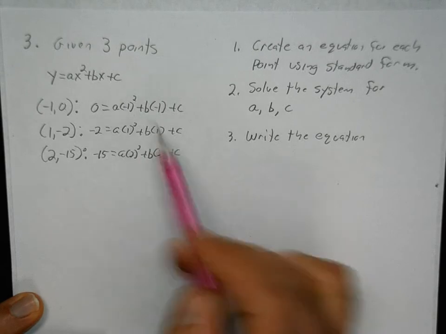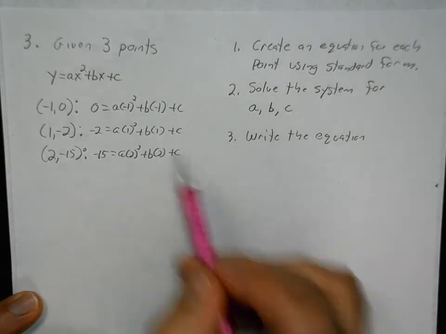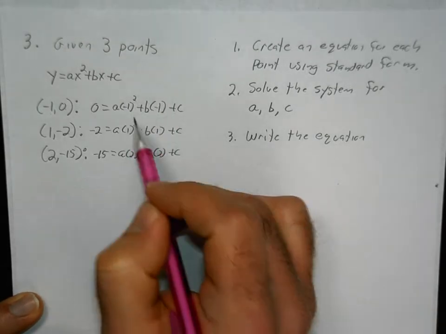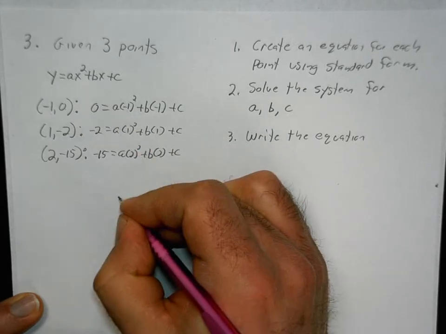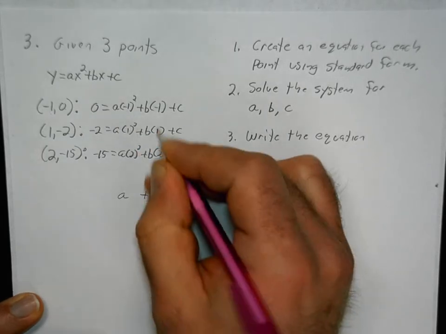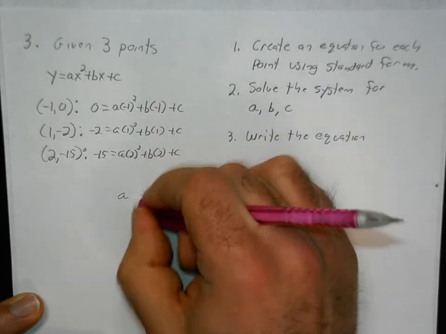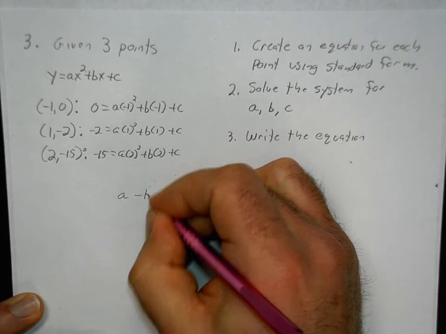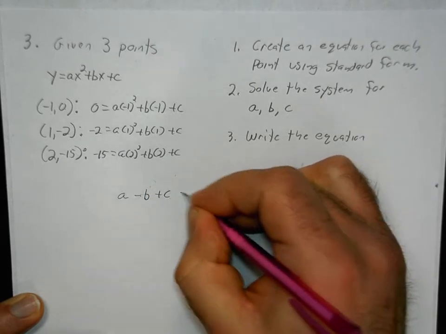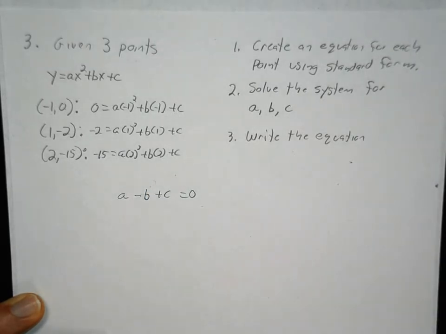But now we're going to simplify these equations so they look a little better. So we're going to square. -1 squared is 1, so I'm going to get 1a plus -1b, or minus b, plus c equals 0. That's my first equation.